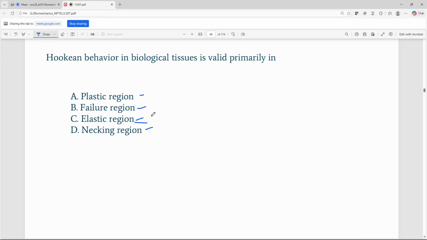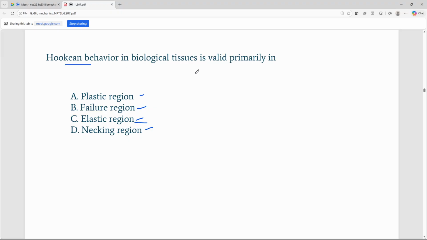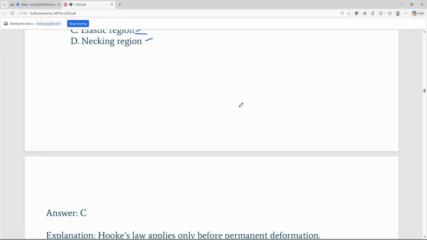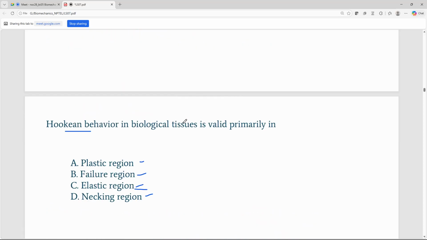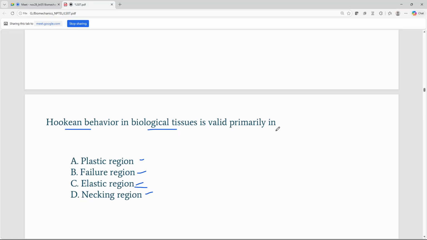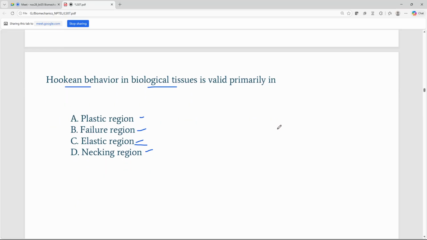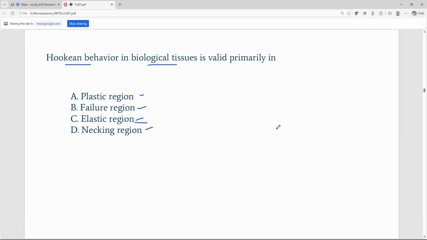Answer is elastic region because Hooke's law only applies in the elastic region. Here they just added biological tissue, but Hookean behavior is a general law for materials which is only applicable in the elastic region. So whatever the material, the Hookean behavior will be exhibited in the elastic region of that material.